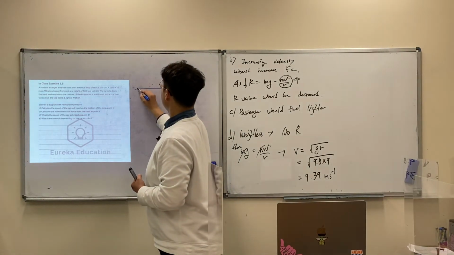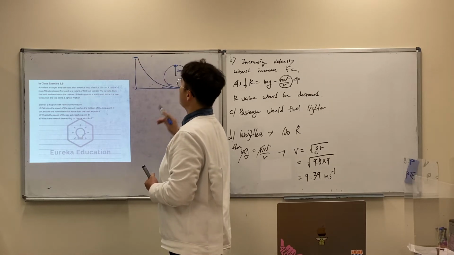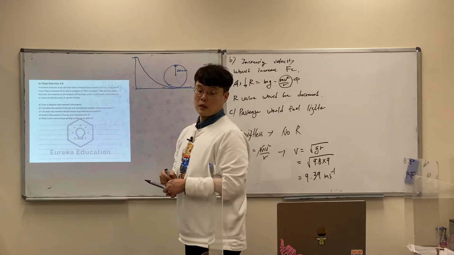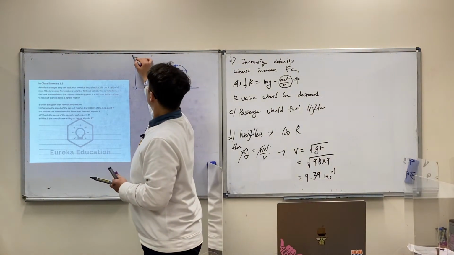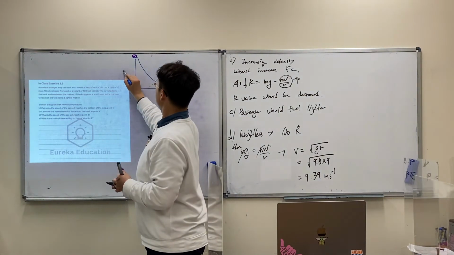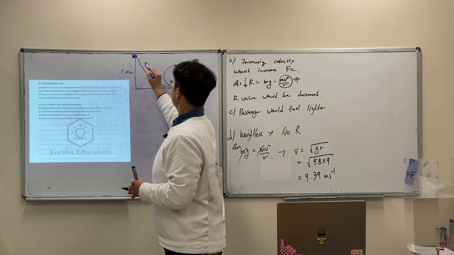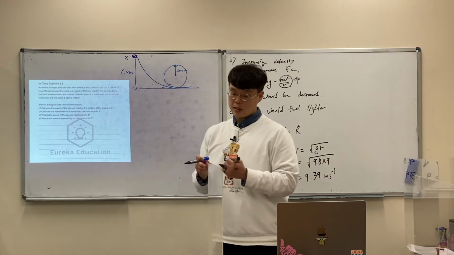So you can see the toy car is released like that, located on the top of the loop here, and this is given as 1 meter. You can imagine that this is point X, where the car is released at 1 meter.